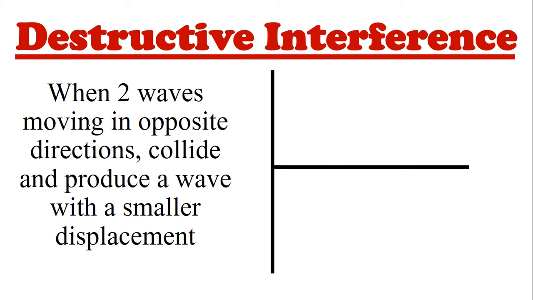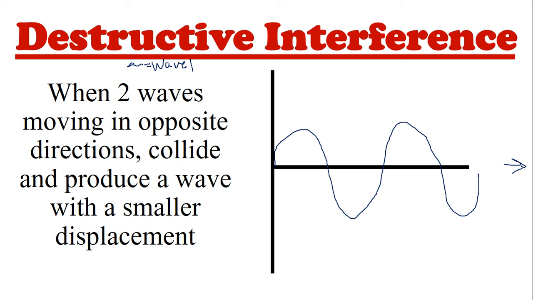All right, so destructive interference is when two waves are moving in the opposite direction. And when they collide, they produce a wave that has a smaller displacement. So we're going to use the blue again to represent wave 1. All right, wave 1 is moving in this direction.